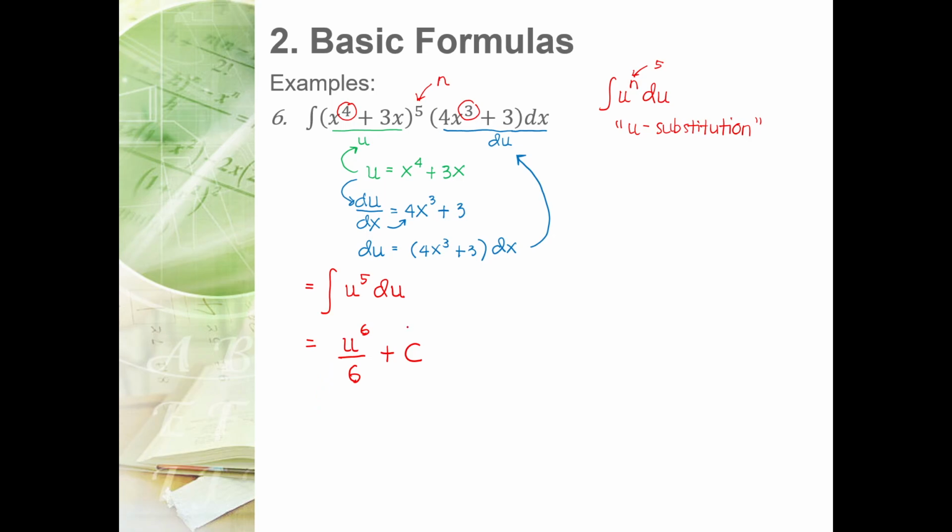And then of course we need to replace u back in the equation. So the final answer is x to the power 4 plus 3x to the power of 6 all over 6 plus c.